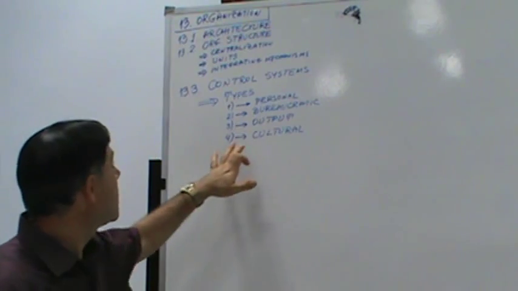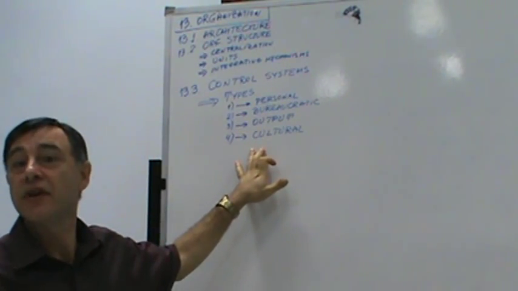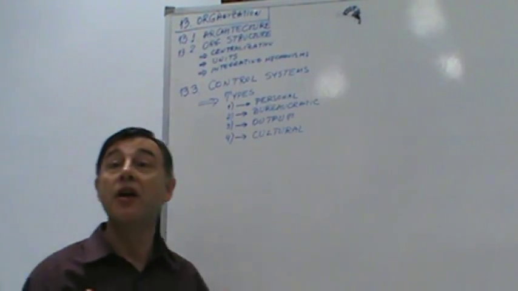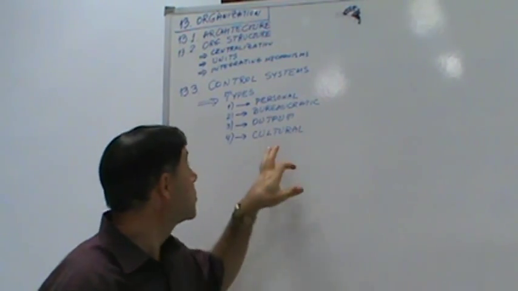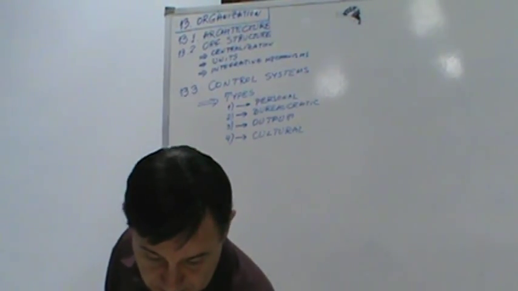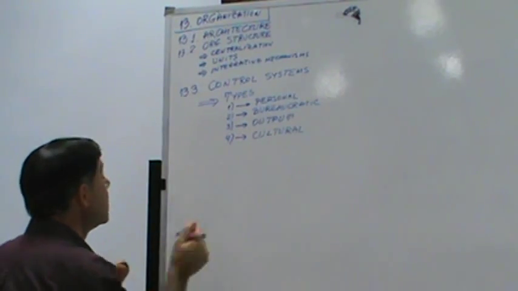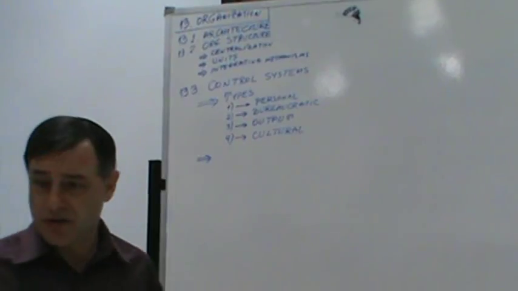Within strong culture, one of the key ideas is that of self-control. People in strong culture are very careful, and they usually try to exert self-control. Let's see what else. Up to here, did we cover this last time?